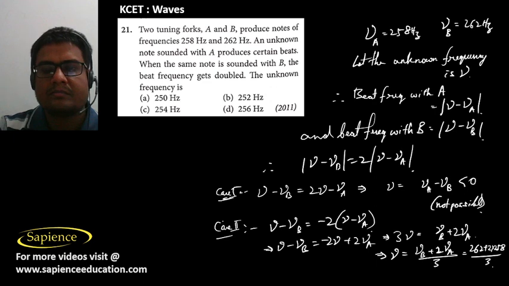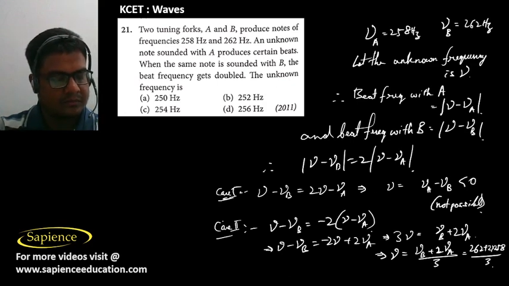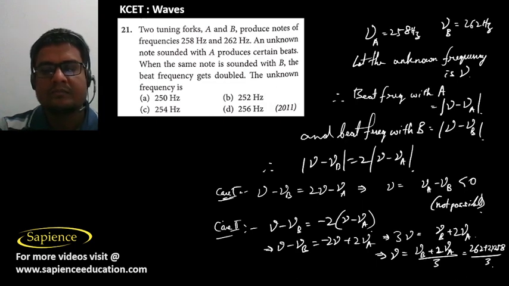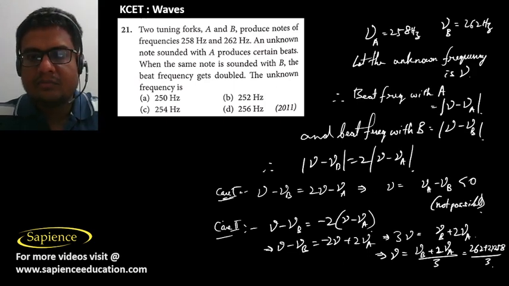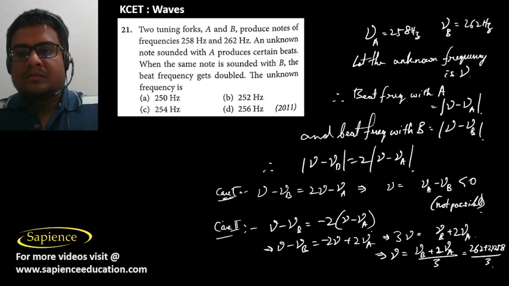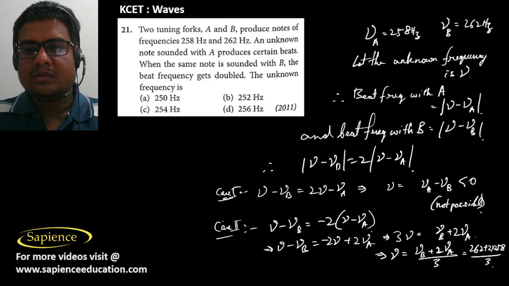Here, what can happen is that the unknown frequency can be less than both A and B also.